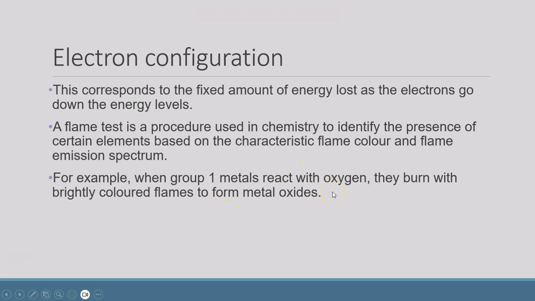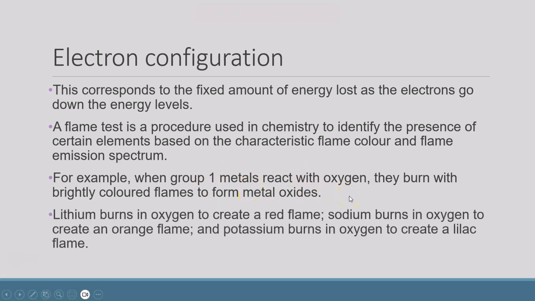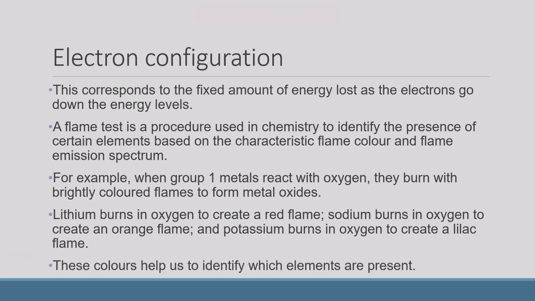Zinc plus oxygen will form zinc oxide. That is a type of metal oxide. So lithium burns in oxygen to create a red flame, and sodium burns in oxygen to create an orange flame, and potassium burns in oxygen to create a lilac flame. And again, these colors help us to identify the presence of certain elements in a sample.